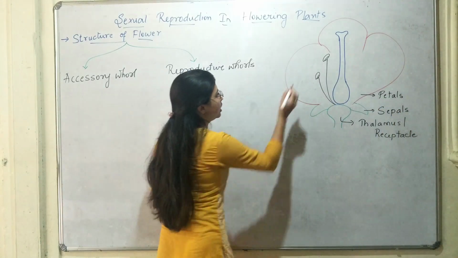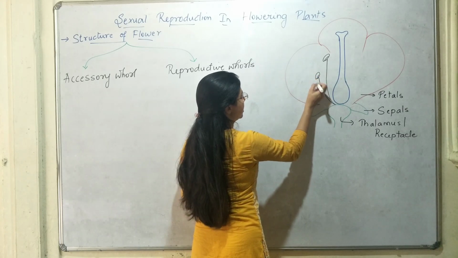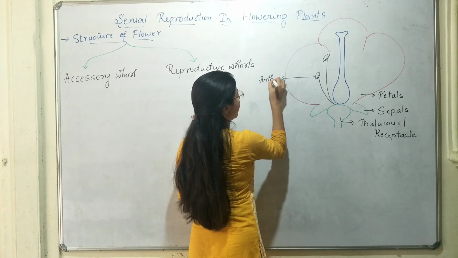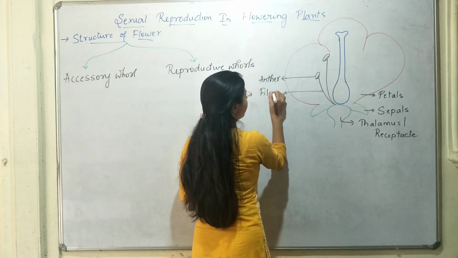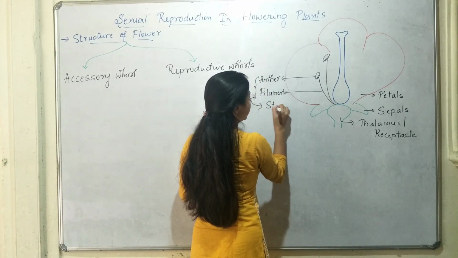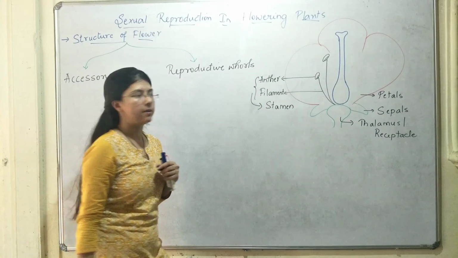Now the black colored structure that you see here is nothing but the stamen, and a stamen has two different parts. One is called the anther and another one is the filament. Together, the anther and filament form the male reproductive part, that is the stamen.